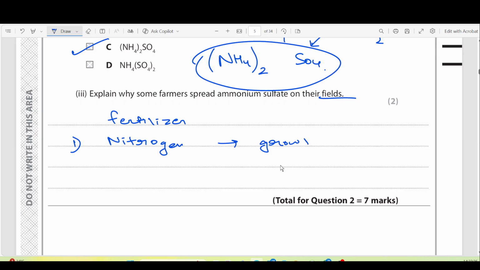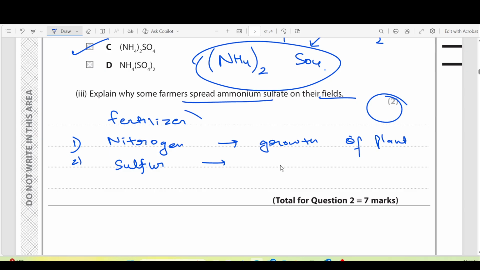This is what you can write: growth of plants. Write one more because it is 2 marks. You can write it is also a source of sulfur. This fertilizer, ammonium sulfate, contains sulfur. Again, sulfate is a form of sulfur that plants can easily absorb, and it is important. It helps improve plant resistance, resistance to disease.